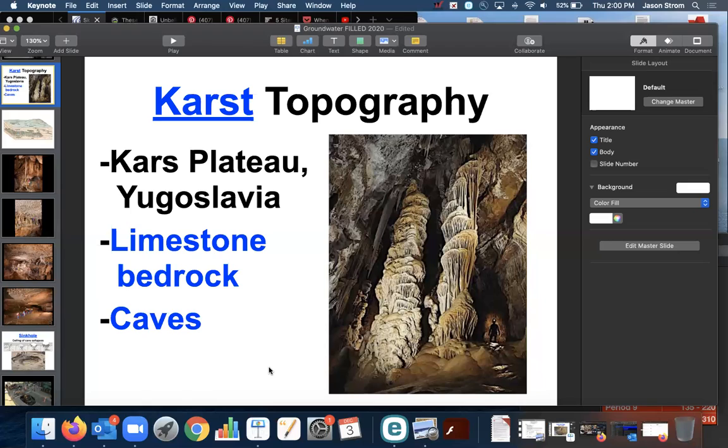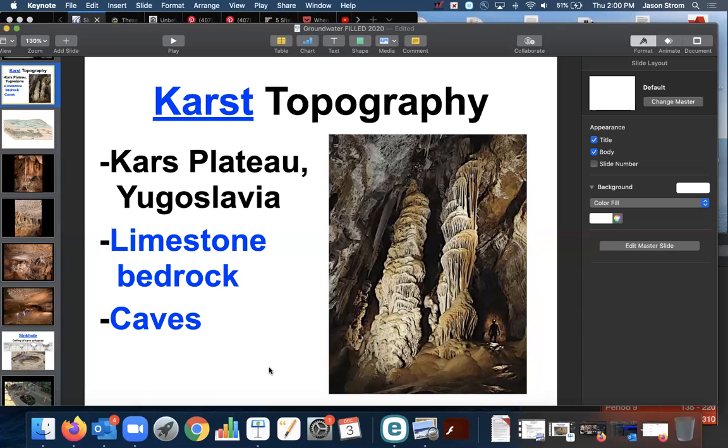As that rain infiltrates the ground, soaks through the ground, comes into contact with limestone, it'll dissolve a little bit of that. So over time, that limestone bedrock can be dissolved and eroded and washed away, and that leaves caves behind.